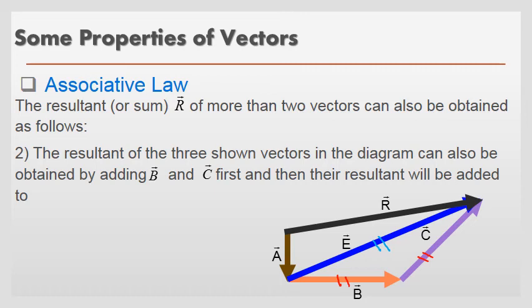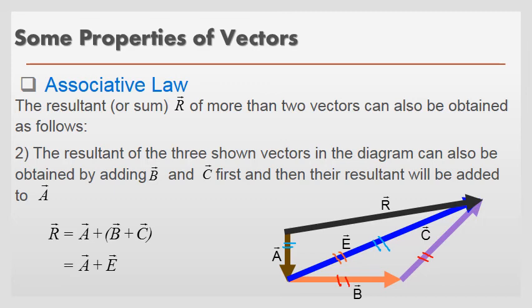Now, the resultant vector of B and C, E, can be added to A, such that A plus E will give us the final answer, the sum R.